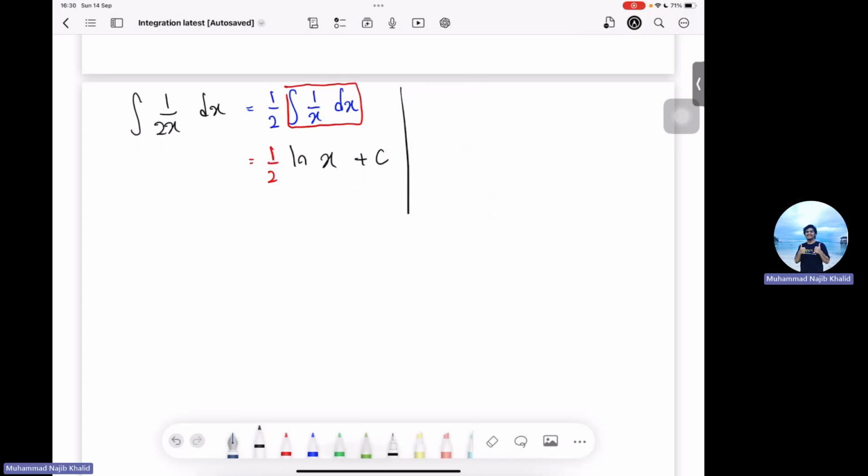So next one, we have the integral of 5x^(-1) dx.